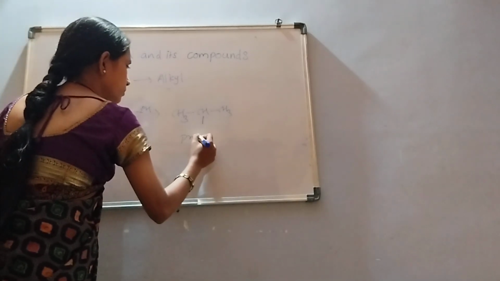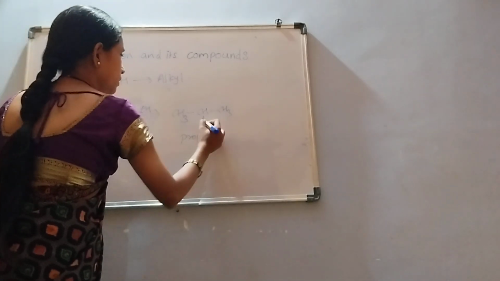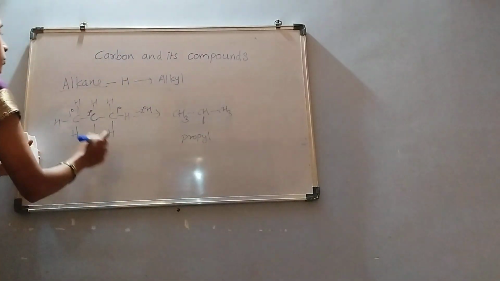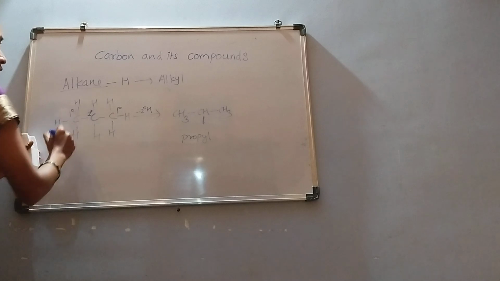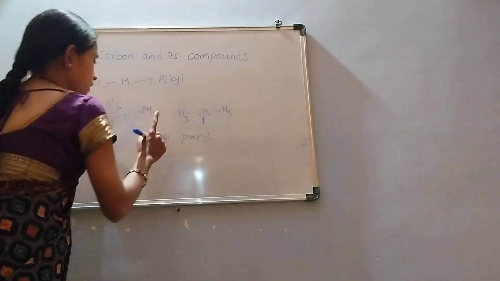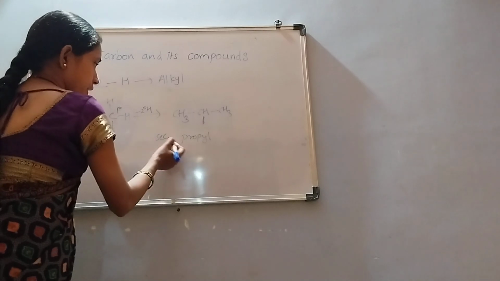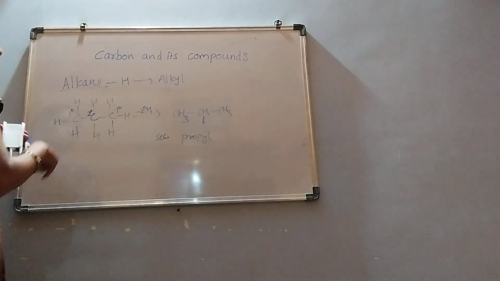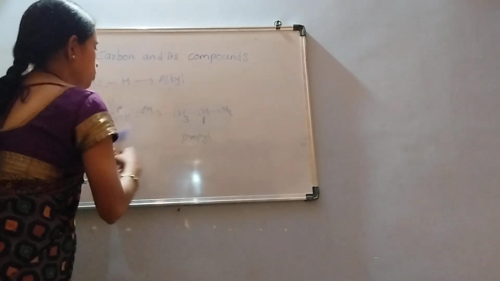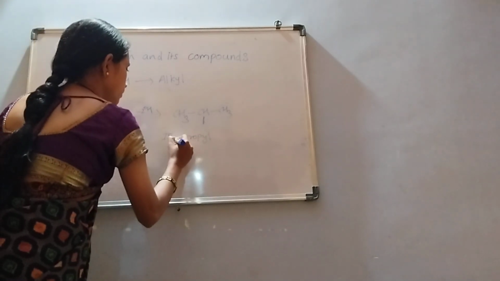Propyl, or same, propyl only. But we have taken here the second degree hydrogen, so we write here secondary propyl. But there is an exceptional case. We are not supposed to write secondary propyl, because only in propyl, instead of secondary, we take isopropyl.